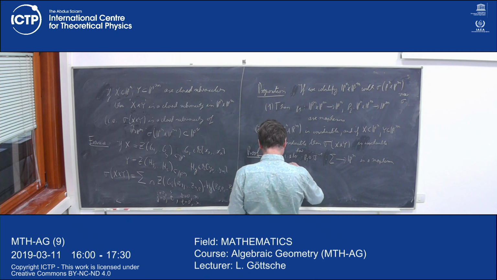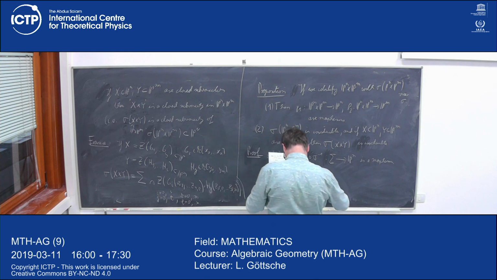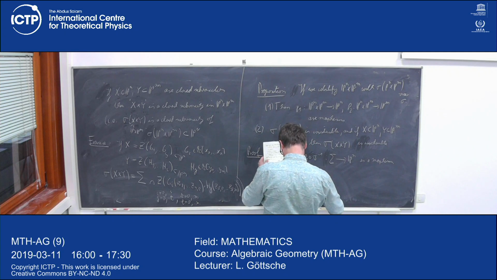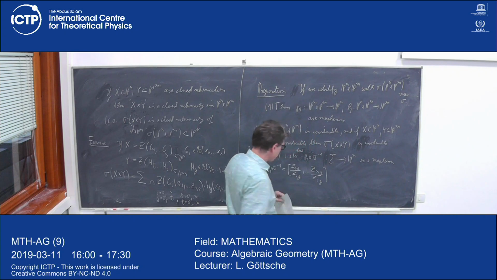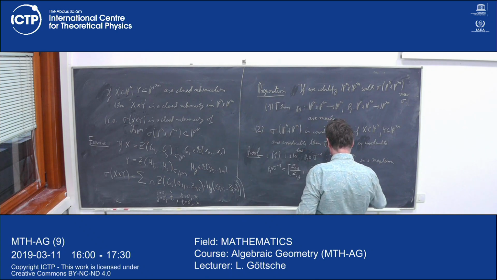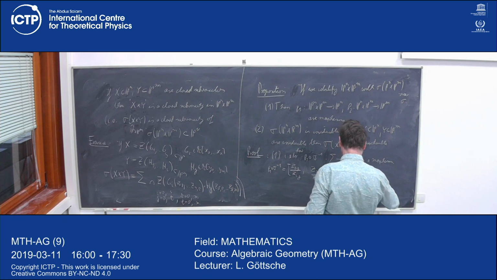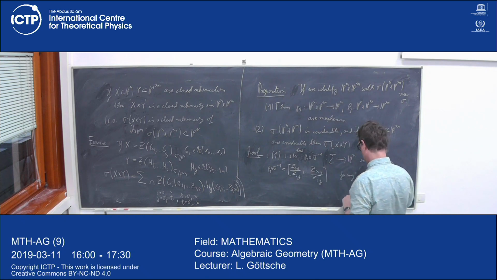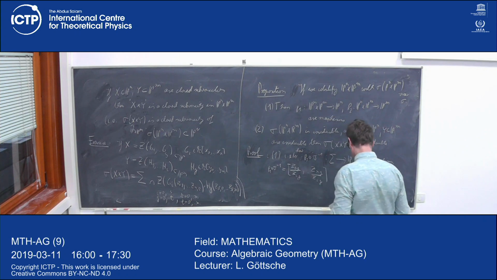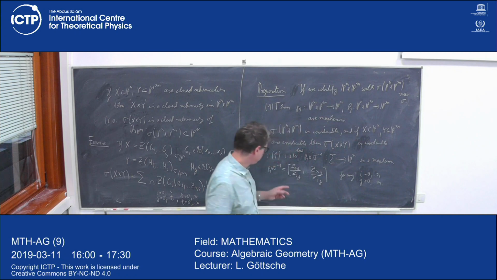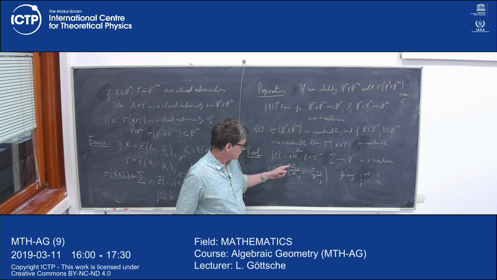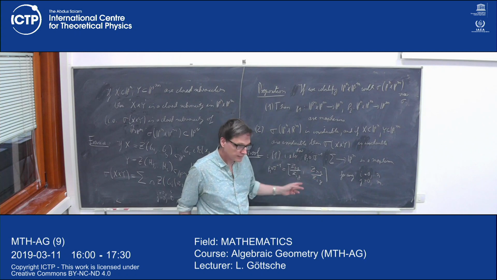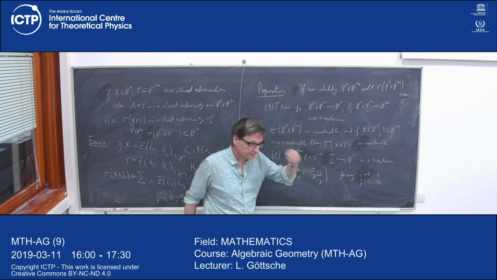And so I claim that p1 composed with sigma to the minus 1 can be written as Z_0j divided by Z_ij until Z_nj divided by Z_ij, for any i from 0 to n, j from 0 to n. So I can write this morphism in many different ways like this.